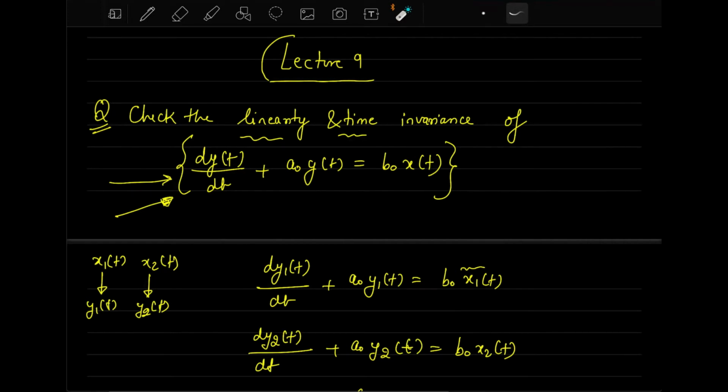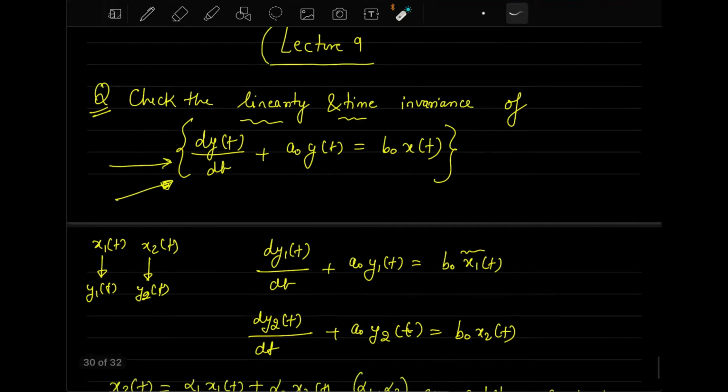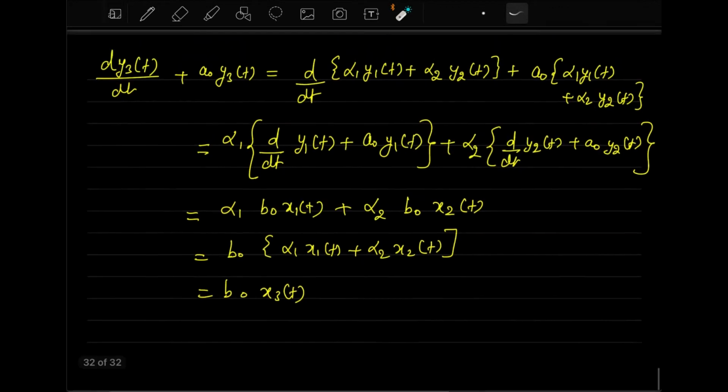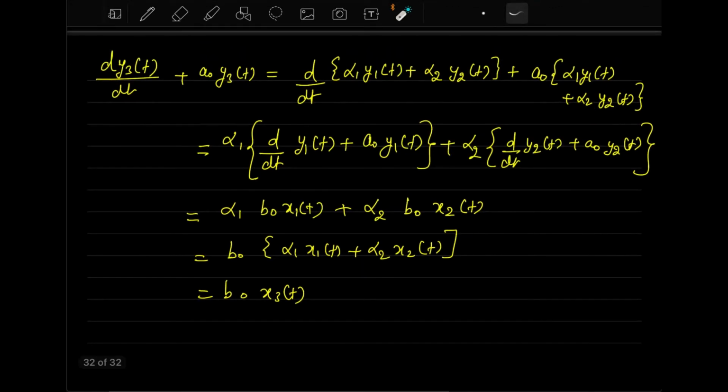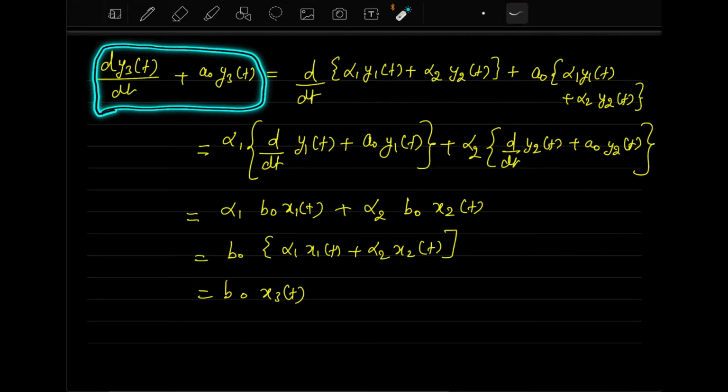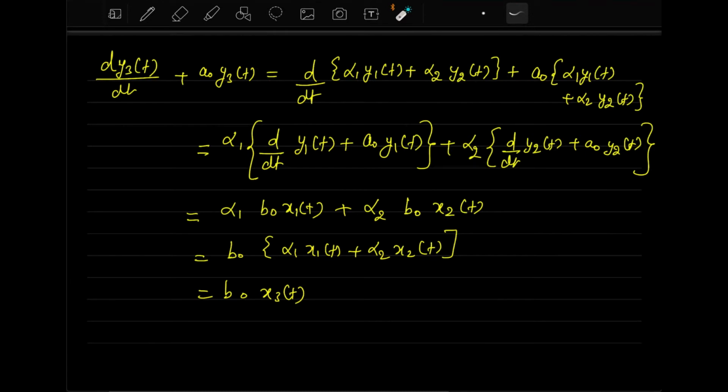Now, once the linearity is done, there is one important point to be discussed. Though we have proved that this is linear, is it really true that this particular equation is linear?